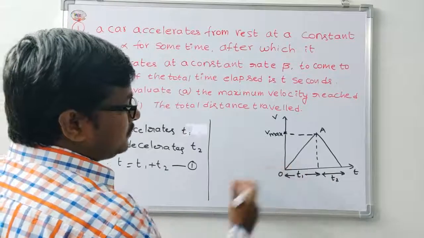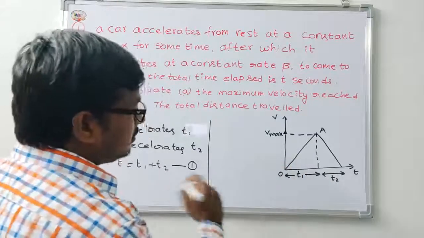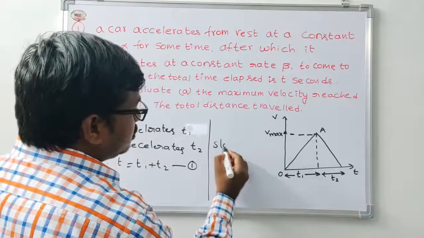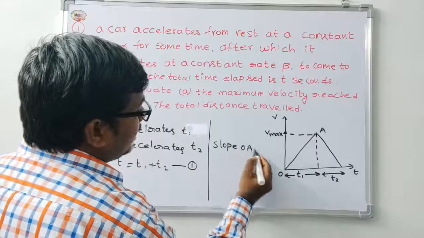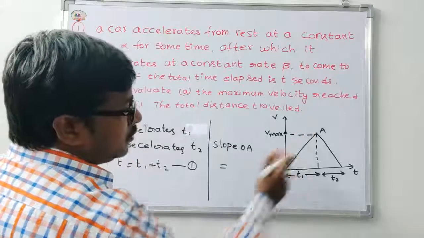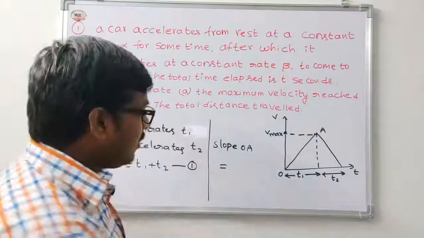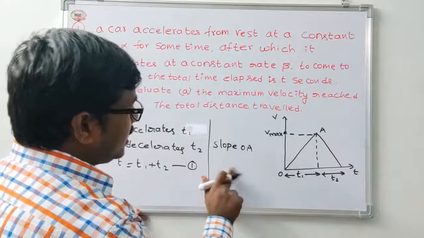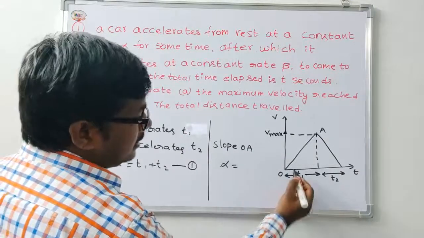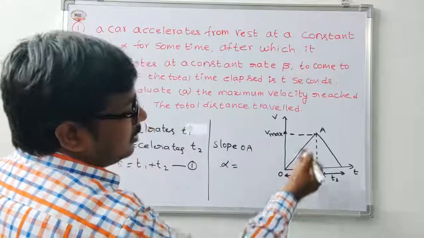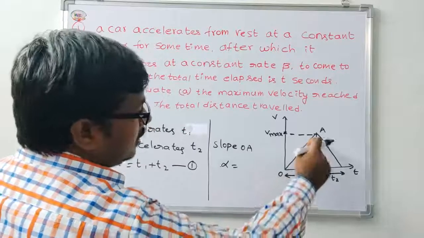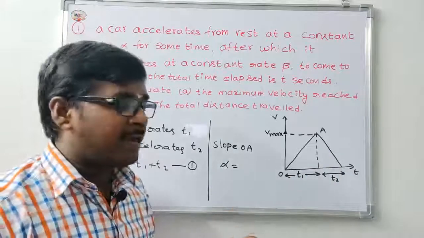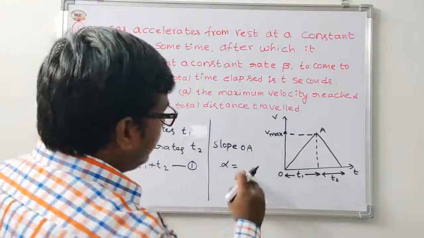First, the slope of OA gives the constant rate alpha, which is the tangent of the angle: opposite side by adjacent side.